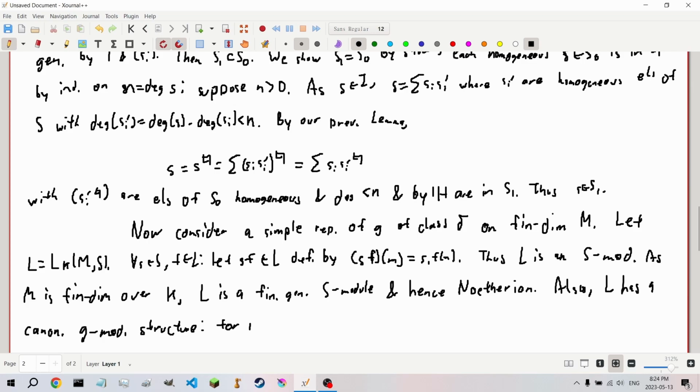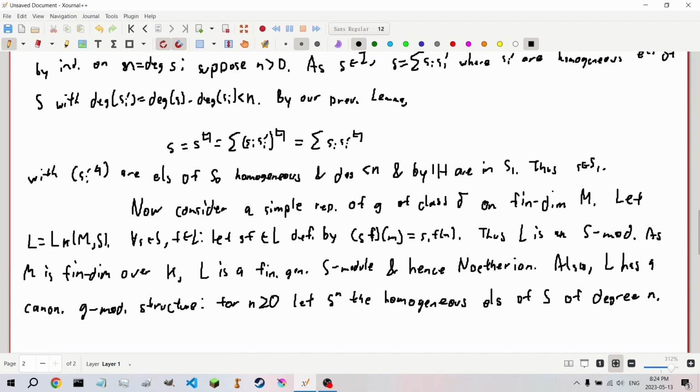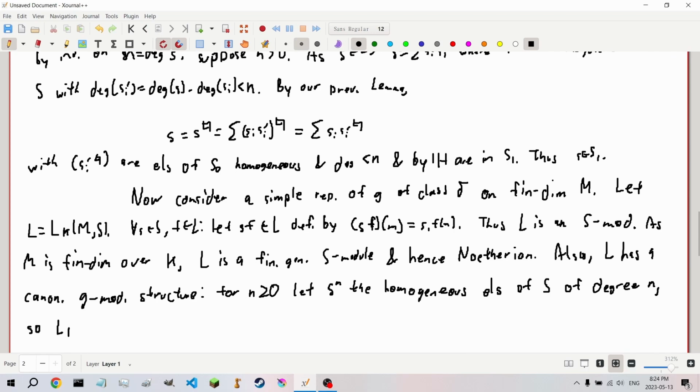For integer n of at least 0, we're going to let Sn be the homogeneous elements of S of degree n, so that Lk of M, S to the n is semi-simple.